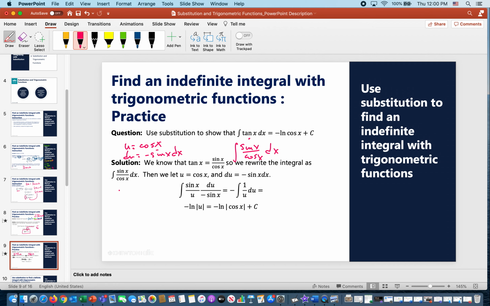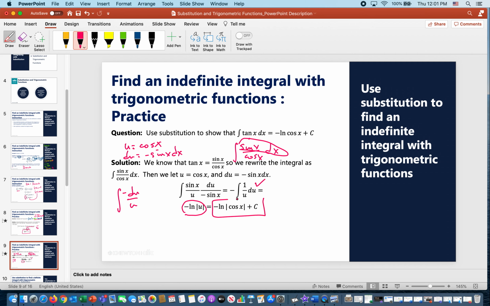Well, now we're going to have the integral of, okay, I've got my negative, right? I'm going to replace this with negative du. So negative du over u. And the integral of negative du over u, right? We've got that right here. It's negative natural log u, and we're going to plug that cosine back in.